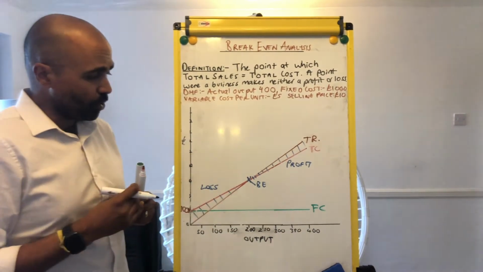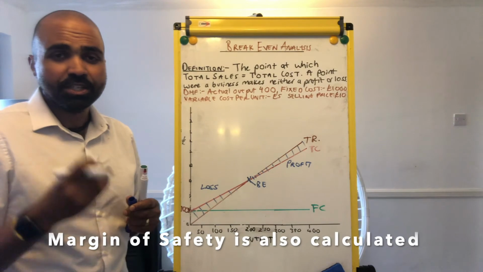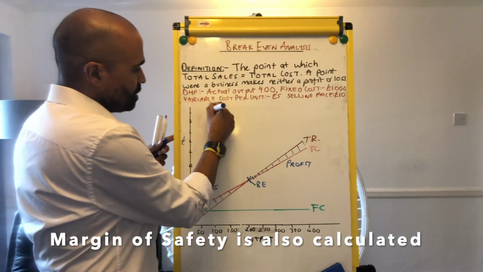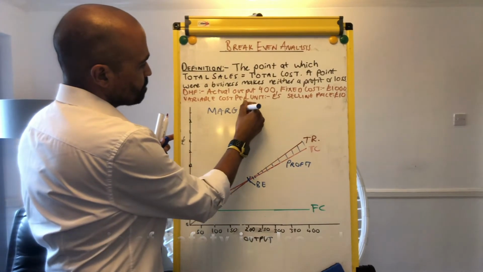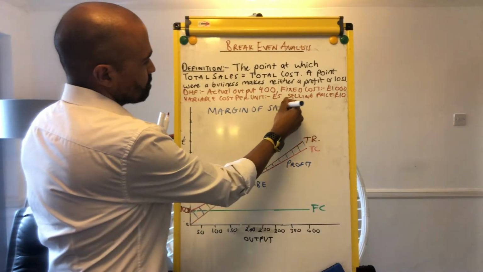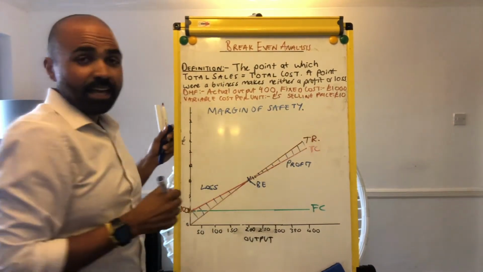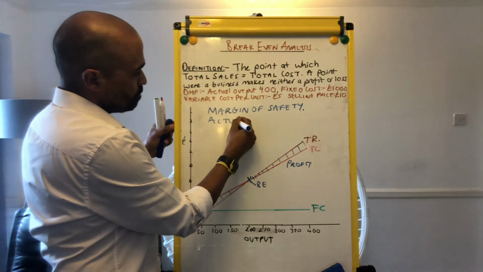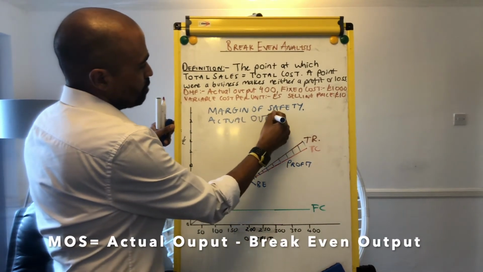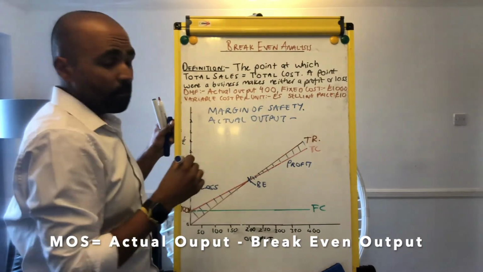Now the other thing to work out is what we call margin of safety. Margin of safety is actual output minus break-even output.